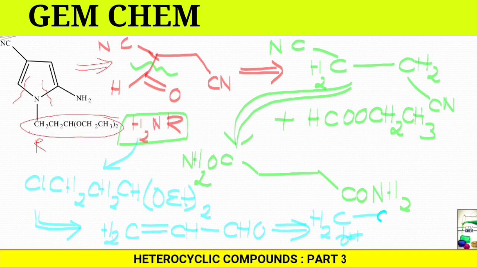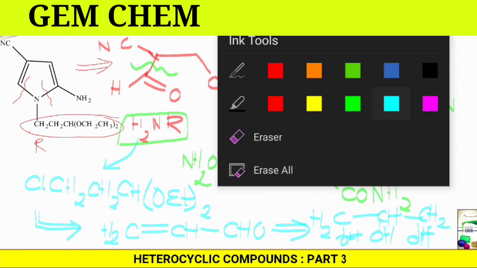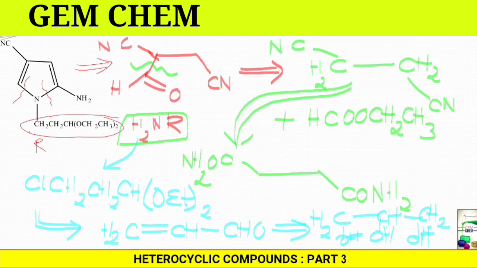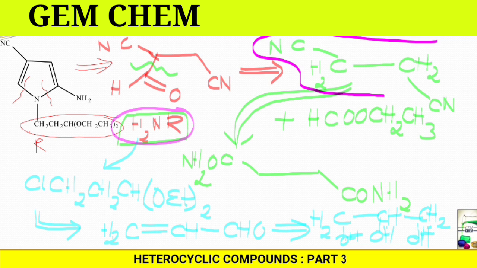Similarly, here we will have CHOH, and here we are going to have CH2OH. So these are the previous synthons, but we are going to start our synthesis from this one and this one. No further breaking down of the starting material. Okay. So let us see the synthesis in details.